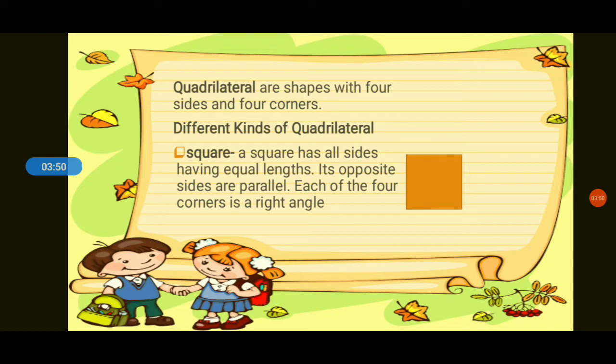Yes or no? Very good. So remember that a square is a quadrilateral. Now a square has all sides having equal lengths. All the sides of the square have equal lengths. Its opposite sides are parallel and each of the 4 corners is a right angle. That is a square. Okay?